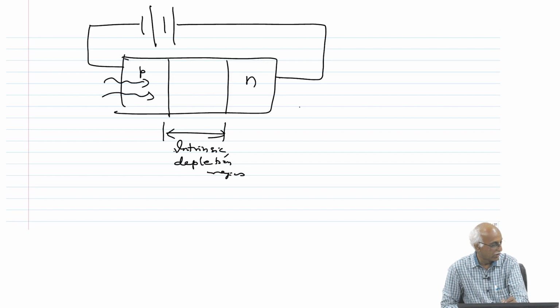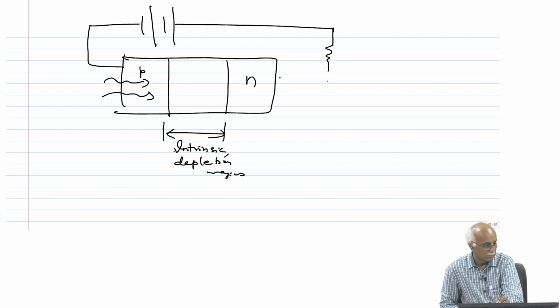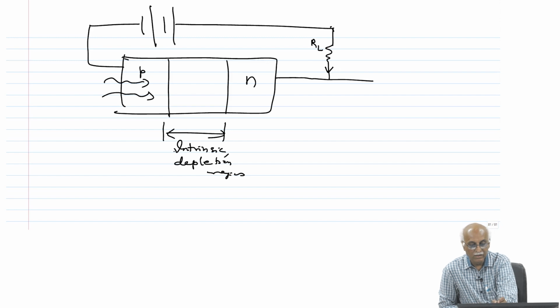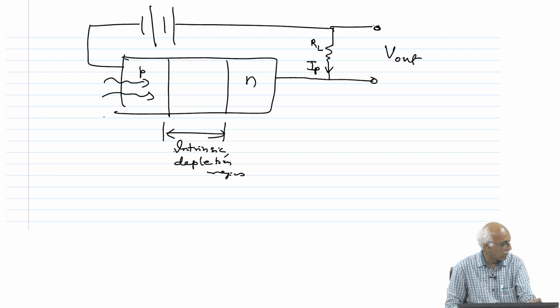Through the RL load resistor there is a photocurrent passing, and we are measuring the output, V output, over here. So this is the photocurrent IP which is passing through this.